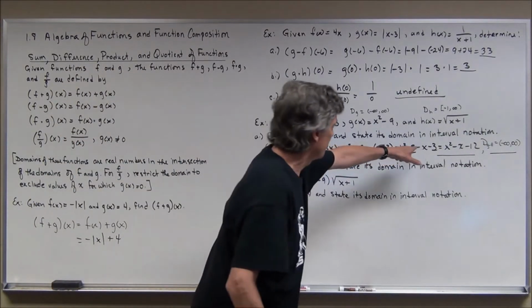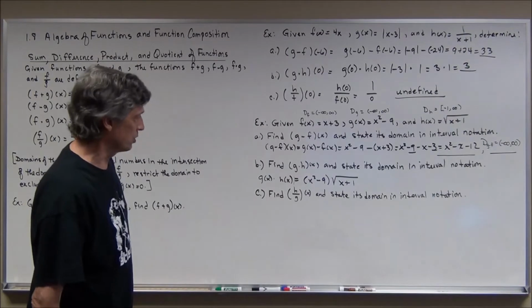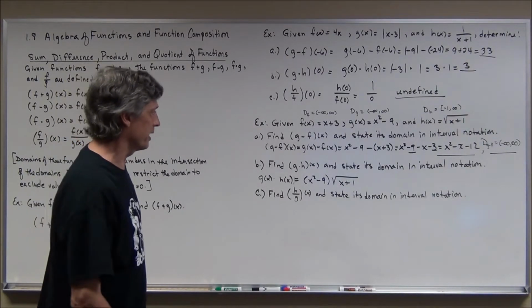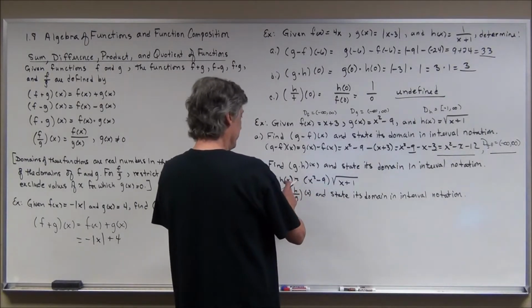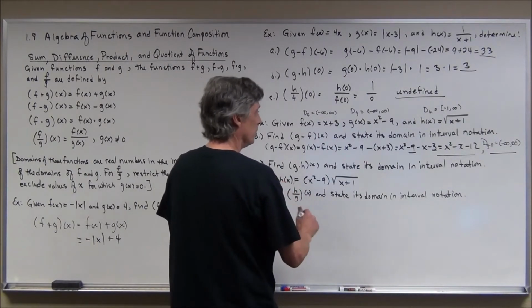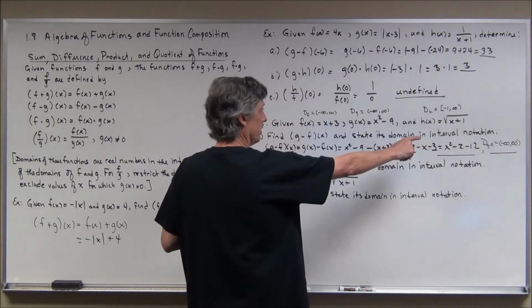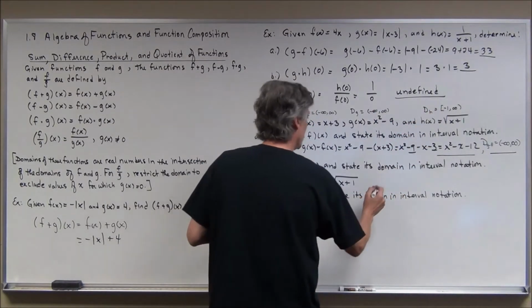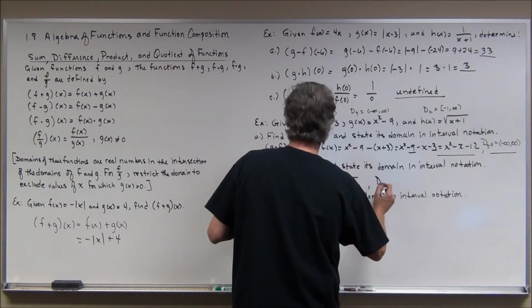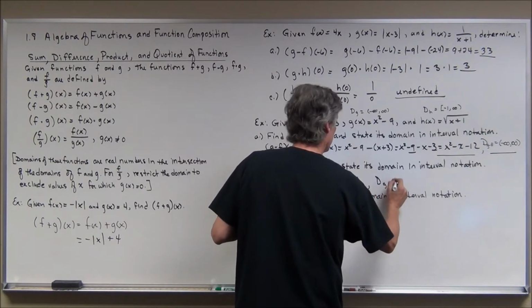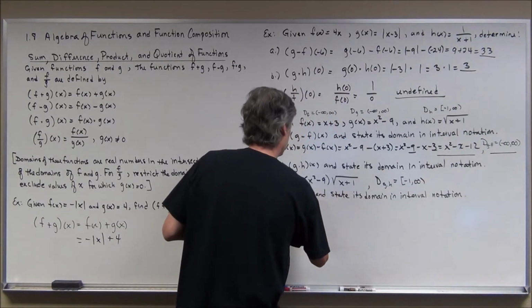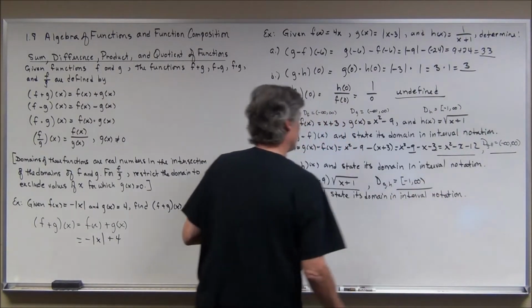Here we had some like terms, but here we have the radicals, so we don't have those like terms or like radicals. So I would probably leave it like that, but my domain here will be the intersection of these two, and so that means that my domain would be the same as the domain of h. So the domain here of g times h would be from -1 to infinity.